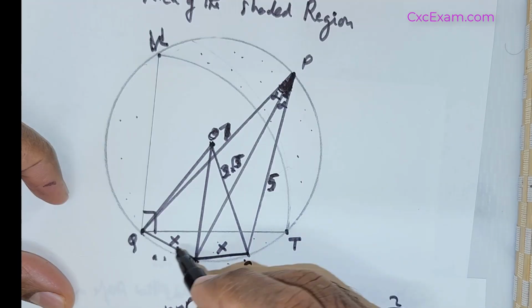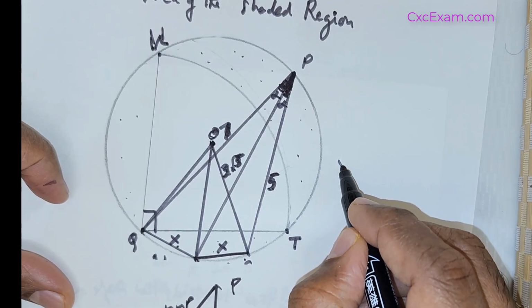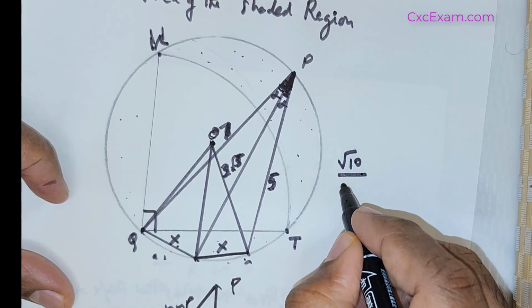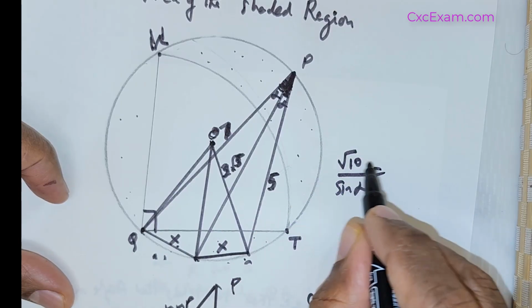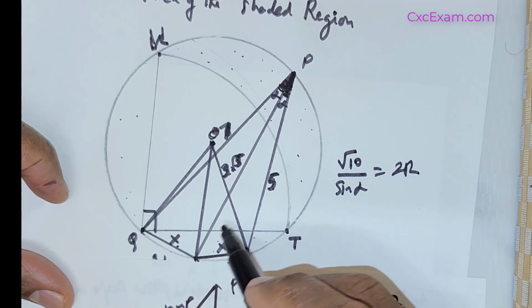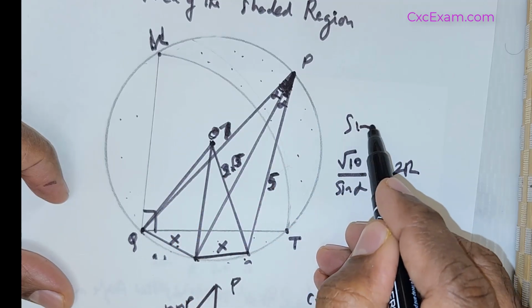So now what I wish to do is the side. What is the side? The side is root of 10. Okay, root of 10 divided by sine alpha is equal to 2 times r. So this is a very important property for a triangle present inside a circle. This is sine rule.